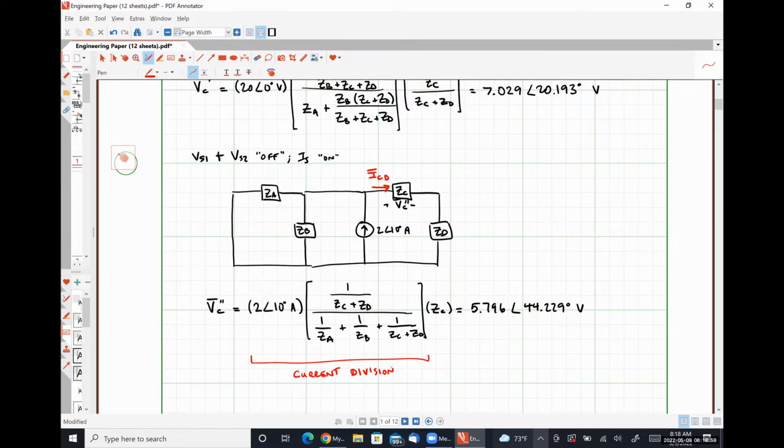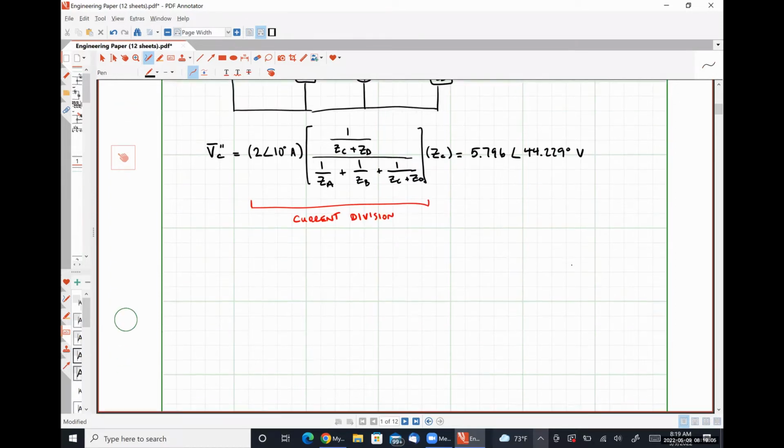All right, so for our third application of superposition, we will have VS1 and IS off and VS2 on. So that means we're going to have a short circuit here.